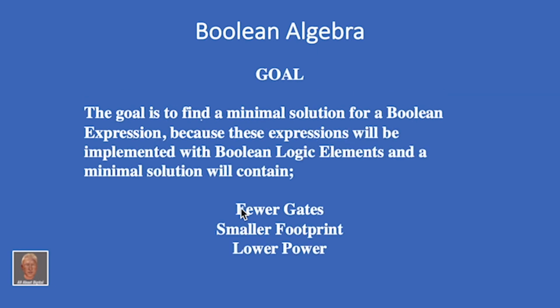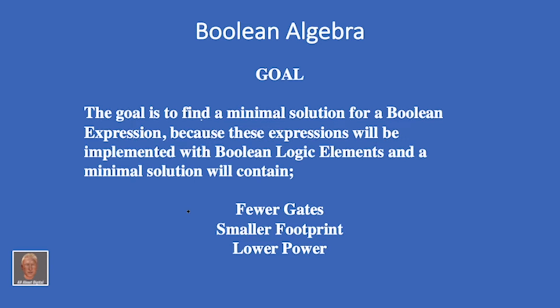The whole goal of using Boolean algebra to minimize expressions is to generate a minimal implementation or a minimal solution. Because the minimal solution is going to contain fewer gates, and gates are what's used to implement the Boolean terms within the expression.